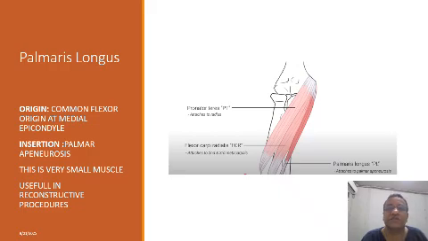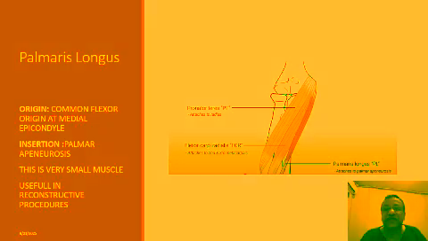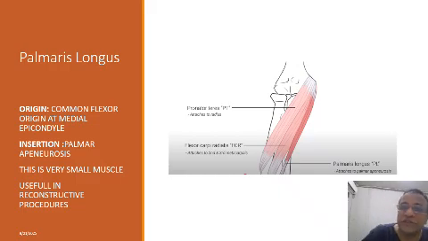It also passes the wrist joint and inserts into the palmar aponeurosis. In 10 to 15% of the population, this muscle is missing on one side or both arms. So this muscle is considered an accessory muscle.